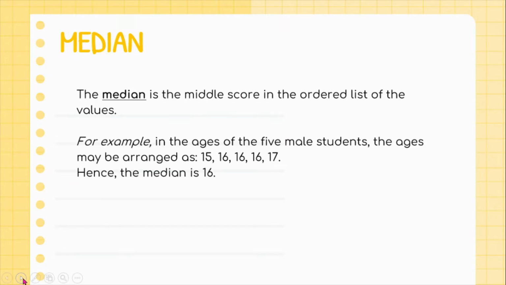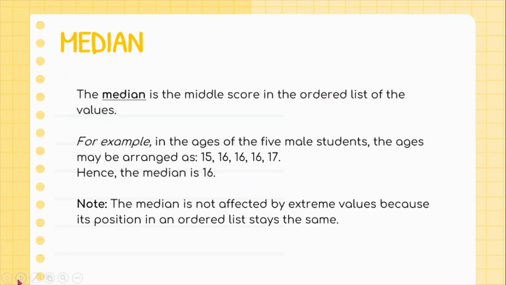For example, in the ages of the 5 male students, the ages may be arranged as 15, 16, 16, 16, 17. So hence, the median is 16. Note that the median is not affected by the extreme values because its position in an ordered list stays the same.